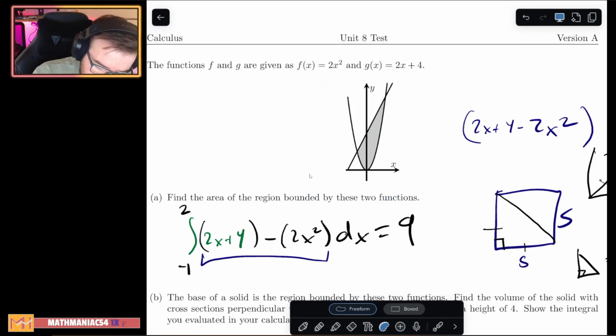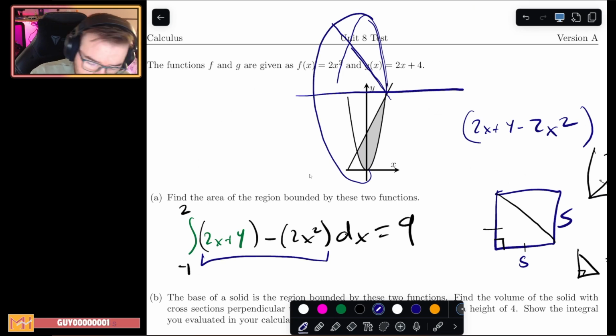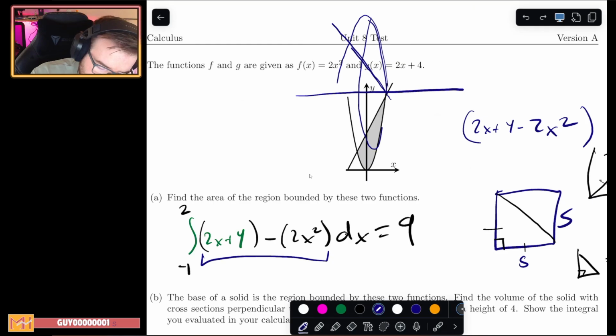What's happening is we're revolving around this line, and so it's something like this, something like this, all right? And so we're revolving around. But this is also being cut out of the middle, all right? So we're like cutting this cone shape out, and we're left with whatever this is.